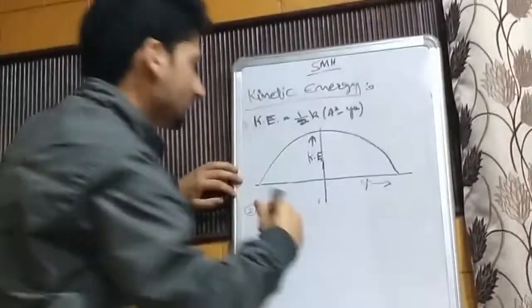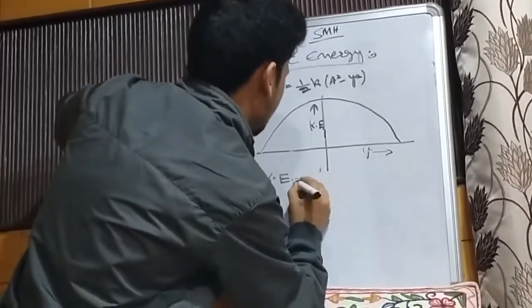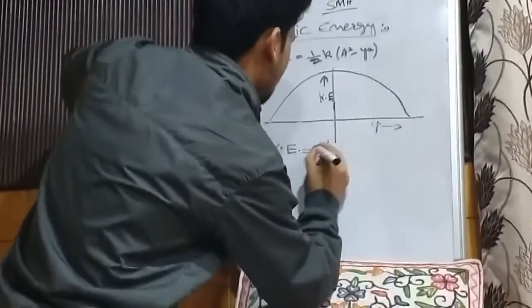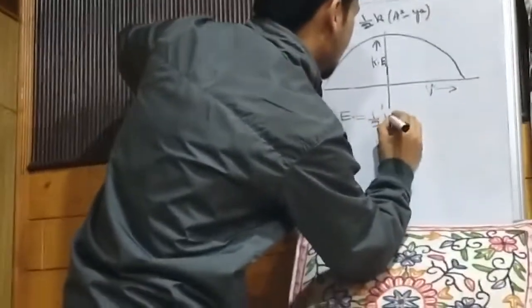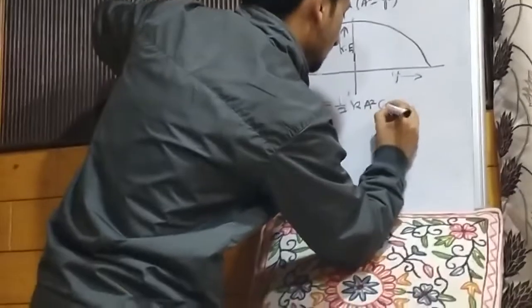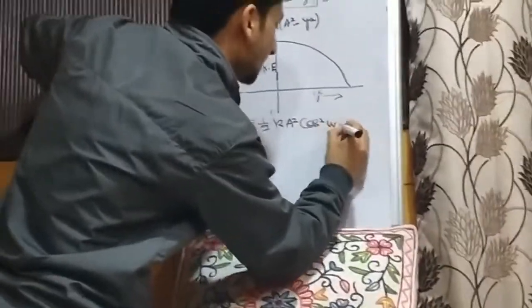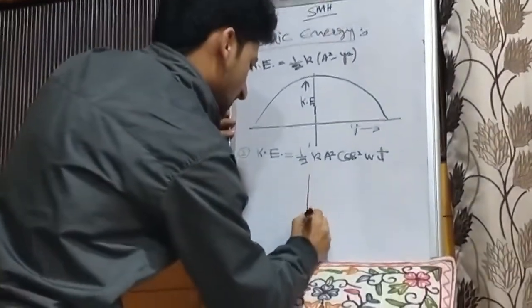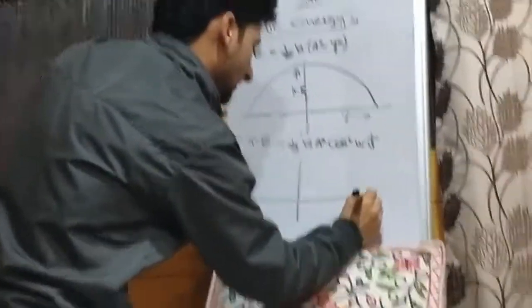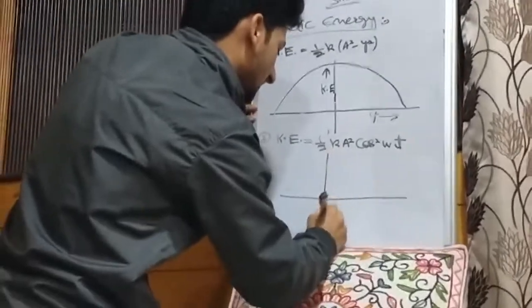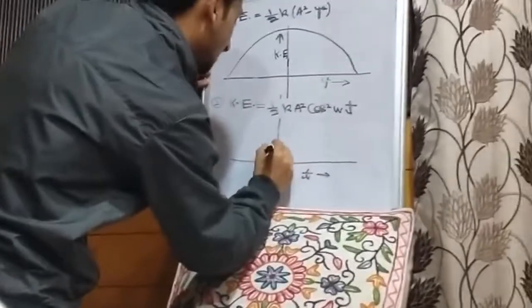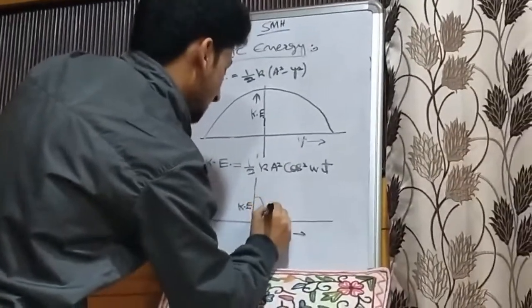and to draw that graph we have to write the equation of kinetic energy in terms of harmonic functions, and that equation is kinetic energy is equal to 1/2 of k a square cos square omega t. So using this equation we will plot a graph between time and kinetic energy, and the graph will be like this.